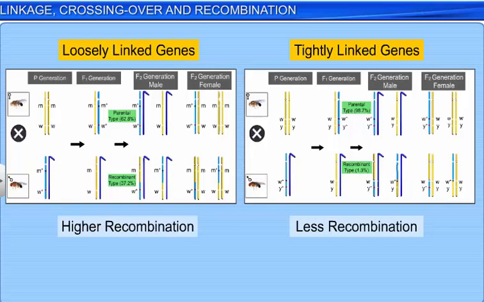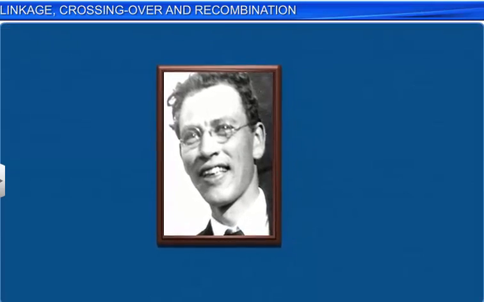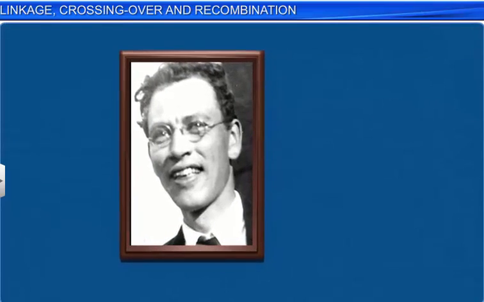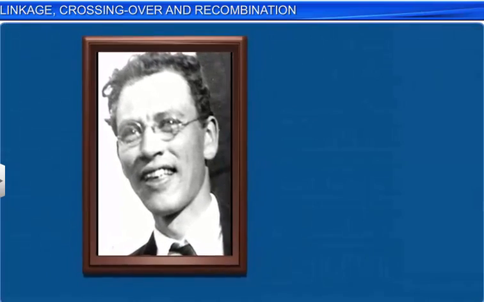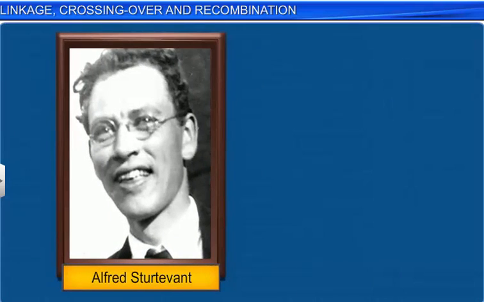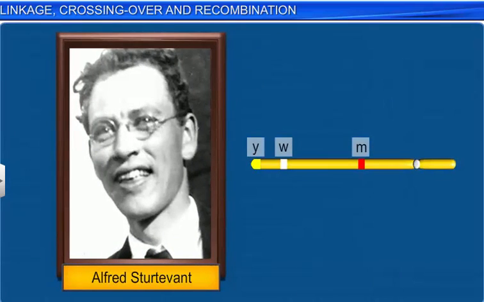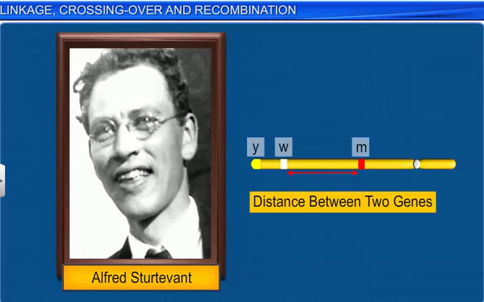This linkage and the frequency of recombination of genes on the same chromosome were used by Morgan's student Alfred Sturtevant as a measure of the distance between genes to map their position on the chromosome.